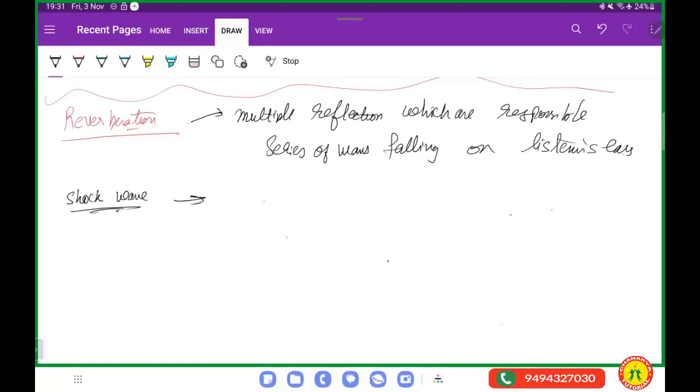So whenever an object, we can say a body, is moving greater than the speed of sound, which is generally 343 meter per second. Imagine the speed 343 kilometer per second means almost 1000. You can divide and multiply and do it.